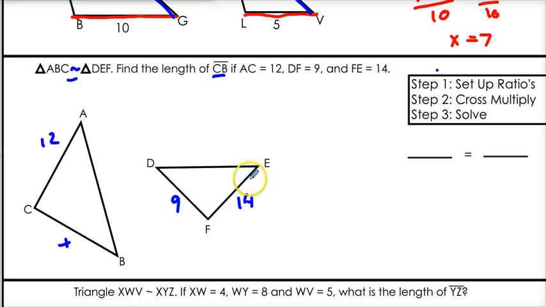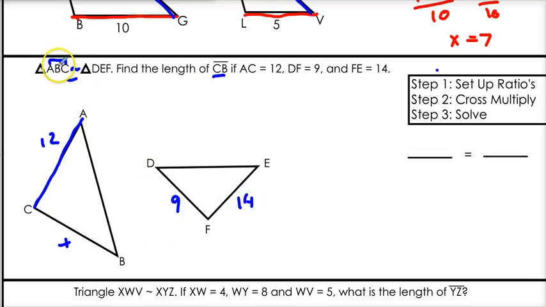So what we're going to do is set up a ratio to solve for X. Let's find a pair of corresponding sides. I know that AC, this length right here, is kind of hard to see what it corresponds to. Does this correspond to 9 or 14? I can't really tell.